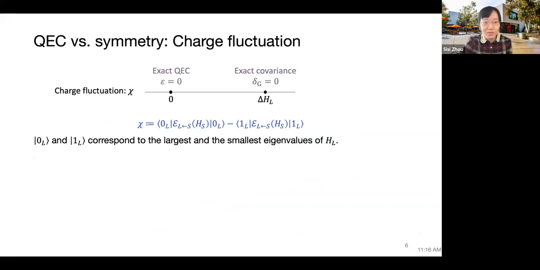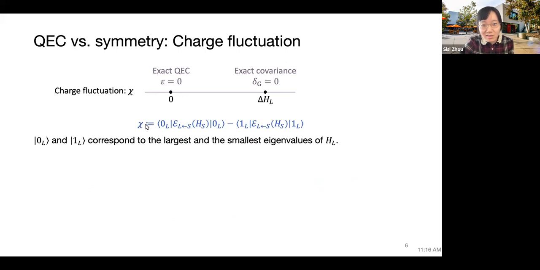Before we do that, I'm going to introduce the first important concept, which will help us derive the trade-off relations. This concept is what we call charge fluctuation. I think there's a typo here. This should be the dual of epsilon, I forgot the dagger here.